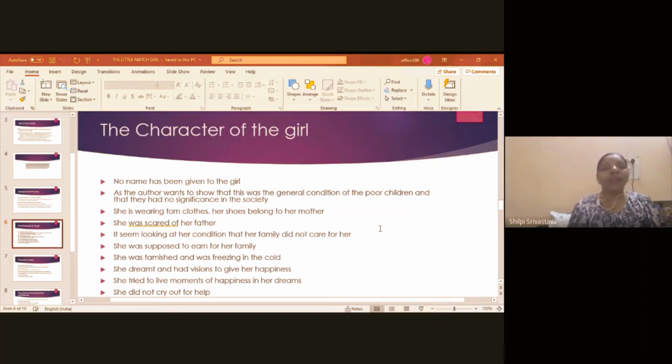Yes, indeed. So as the story proceeds, after the evening sets in, she's still not successful in selling her matches. What happens? She sits in a corner, and she starts lighting her matches one by one in order to keep herself warm.